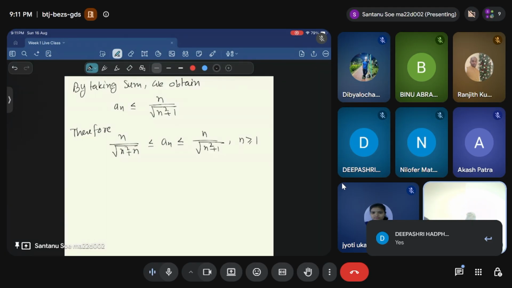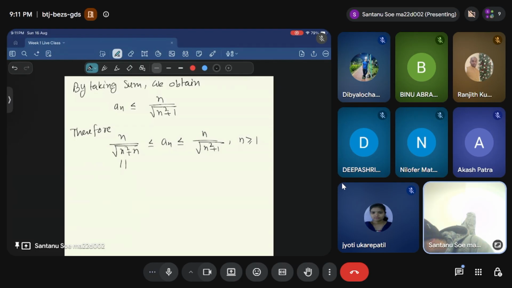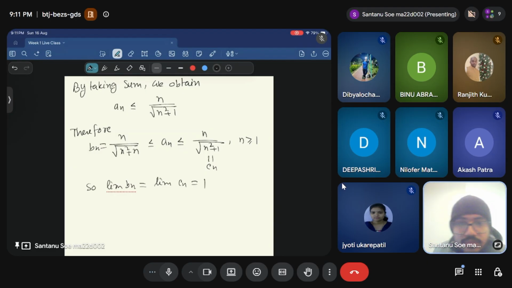So, let me call this bn and let me call this cn. So limit of bn equals limit of cn equals 1. This is true, correct? Let me show for one case.